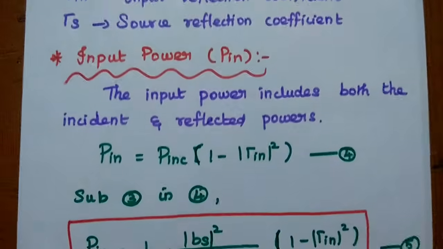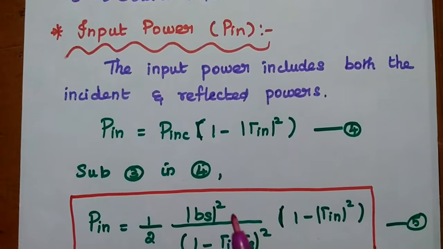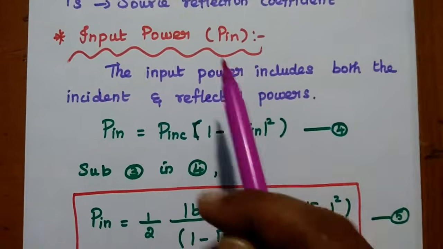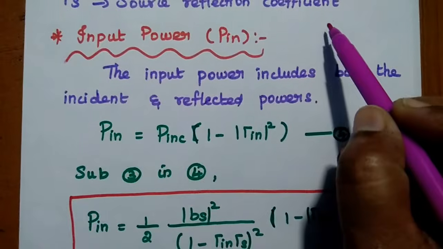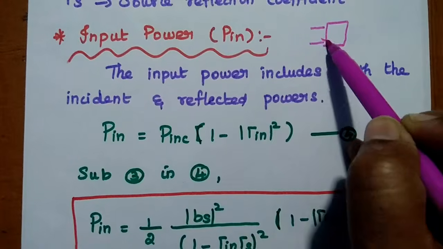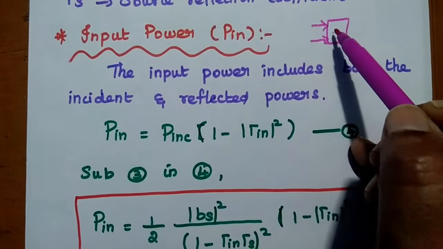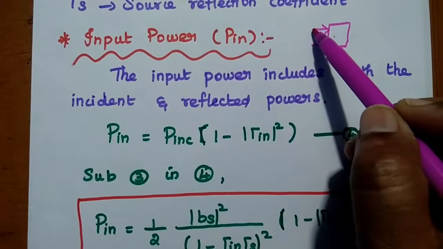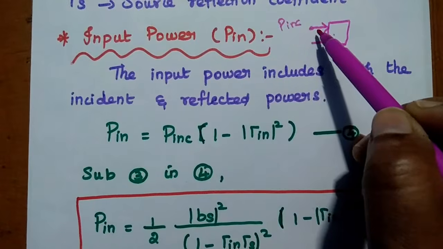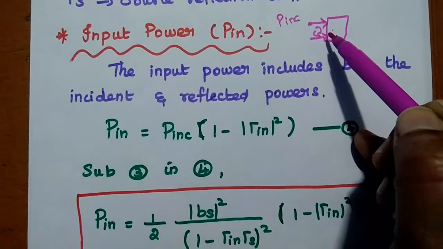So next we are going to find out the input power. Here we have to consider both the incident and reflected powers. Input power means whichever signal is getting into this amplifier; that is called the input signal. So we have to consider the incident signal along with the reflection from this amplifier input side.